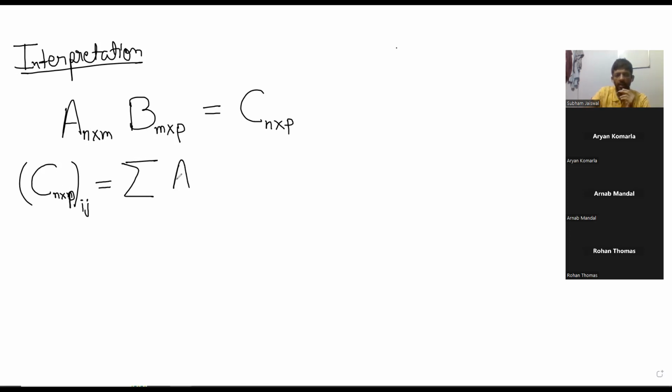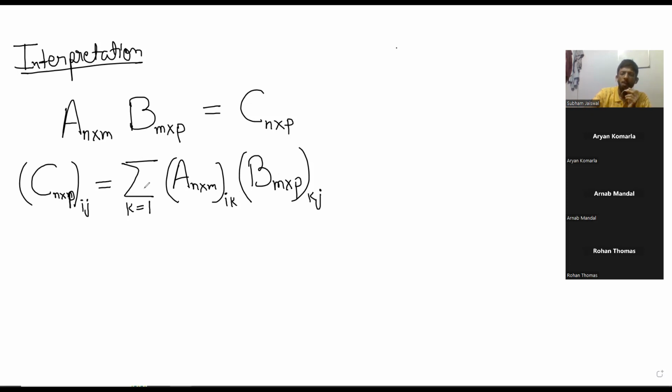I'll write it abstractly. We should try to digest it. This may be a little different from how it is mentioned in the books, but you should try to see it. This can be useful. In this way of writing, k will run from where to where?